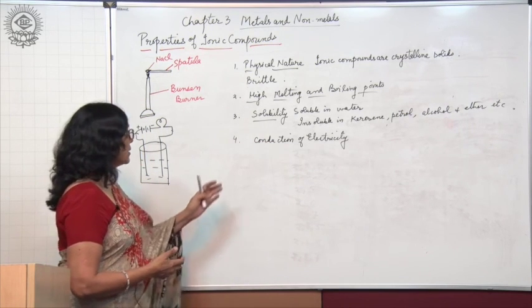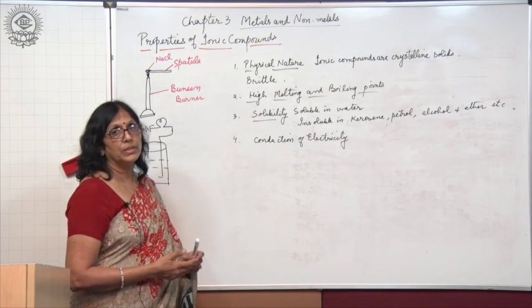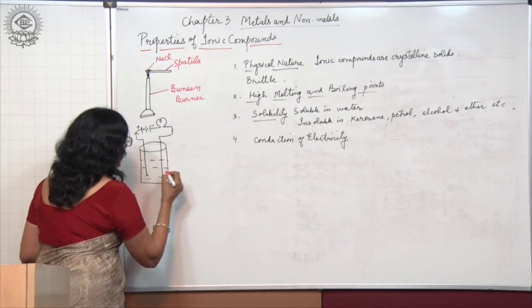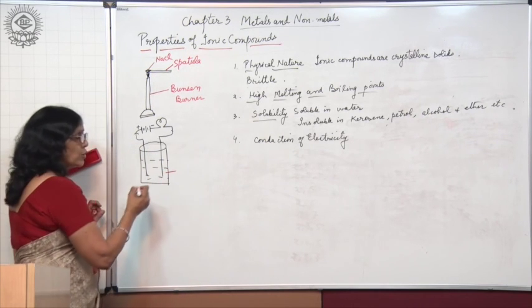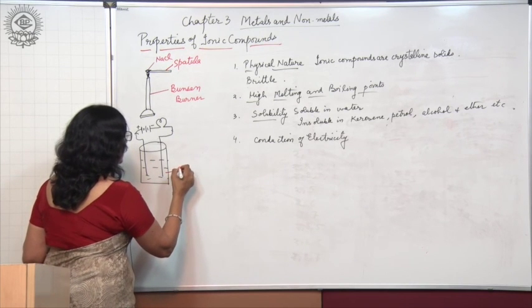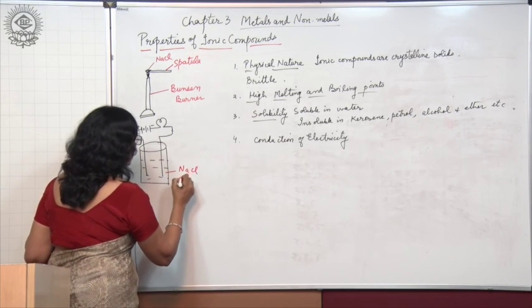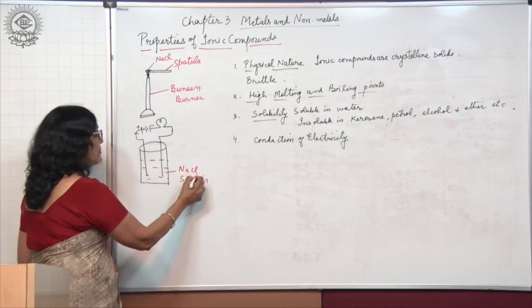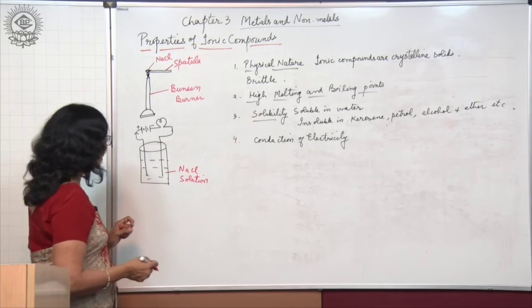To see the next property, an activity can be performed in the lab. In a beaker, a solution of an ionic compound is taken in water, let us say NaCl solution. Now, sodium chloride is an ionic compound and it will readily dissolve in water.